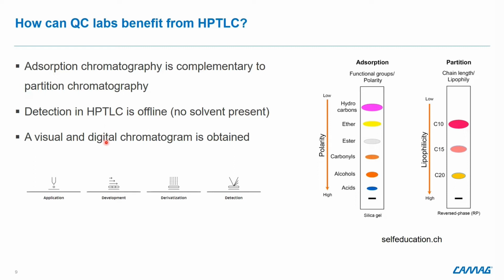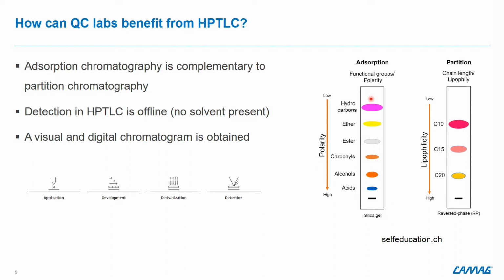Last but not least, HPTLC is the only chromatographic technique with a real visual result. The plate itself or the captured images can be inspected by eye, and samples can easily be compared side by side. The HPTLC chromatogram consists of HPTLC fingerprints, and an HPTLC fingerprint is a pattern of separated zones with a start and end position for each sample track.